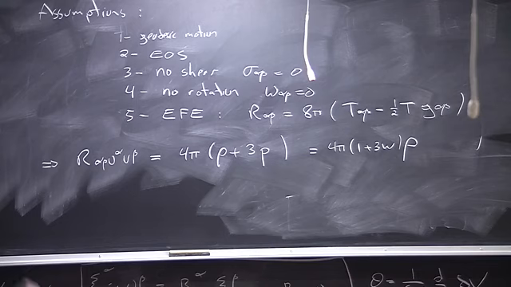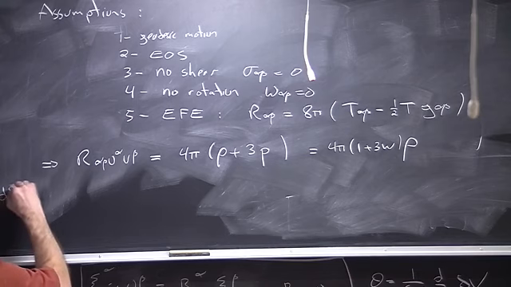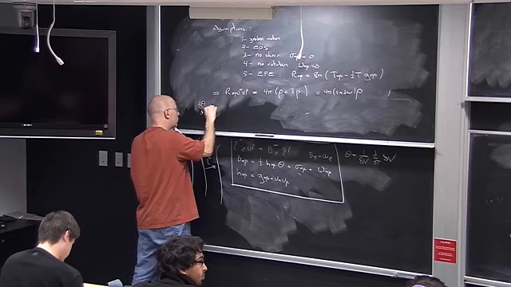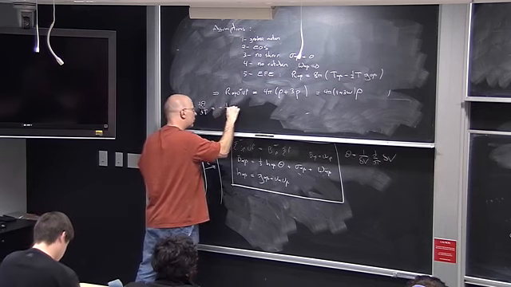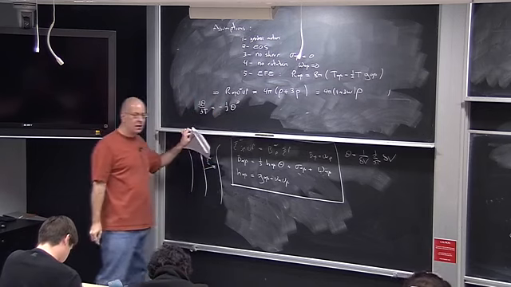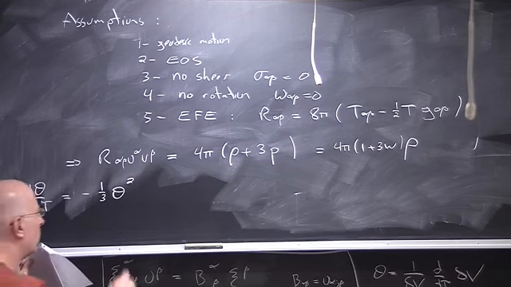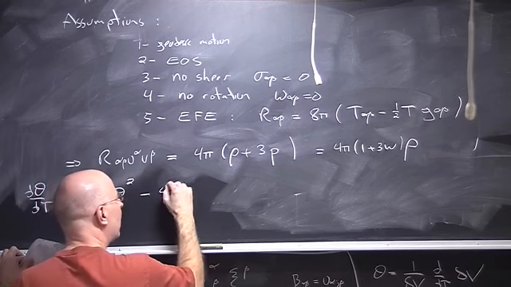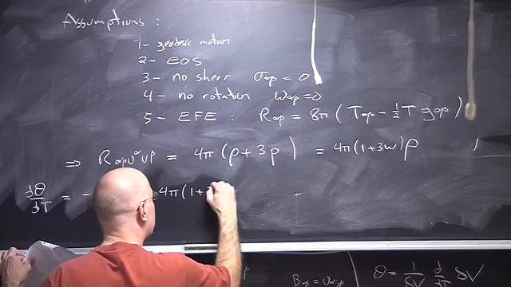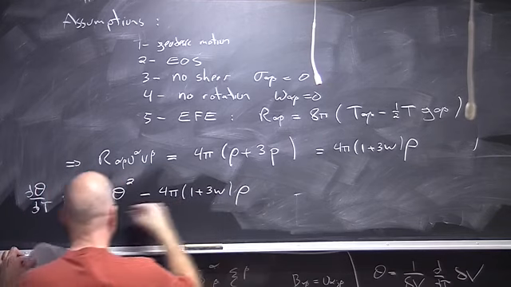And now I write Raychaudhuri's equation. Raychaudhuri's equation gives me the minus 1/3 theta squared on the right-hand side. There's no shear term, there's no rotation term, but there's the Ricci term that now has become minus 4 pi (1 plus 3w) rho.